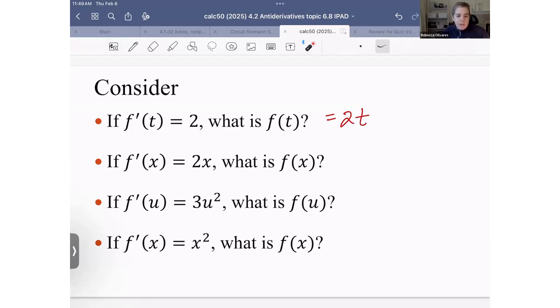Okay, what about, and Marcus, I'm sure you've already learned this on TikTok, if the derivative was 2x, what would the original function have been for the antiderivative? X squared. X squared, good. And then if the derivative was 3u squared, what is the antiderivative, or what would the original function have been?